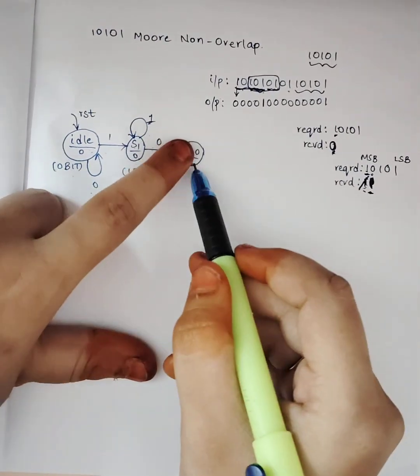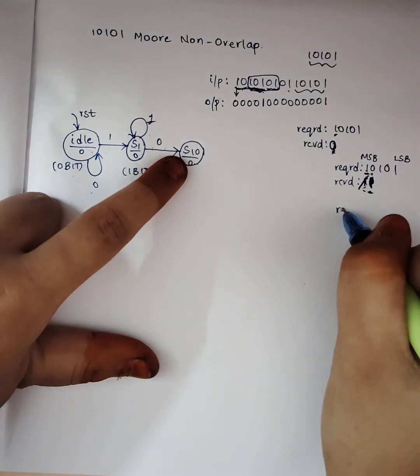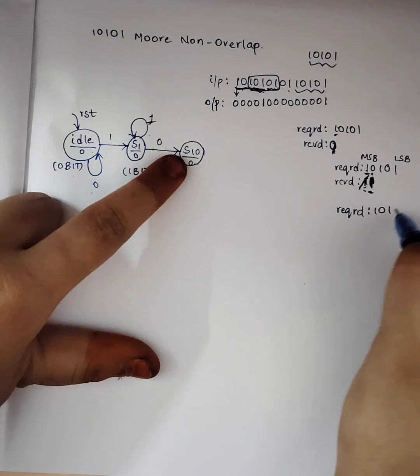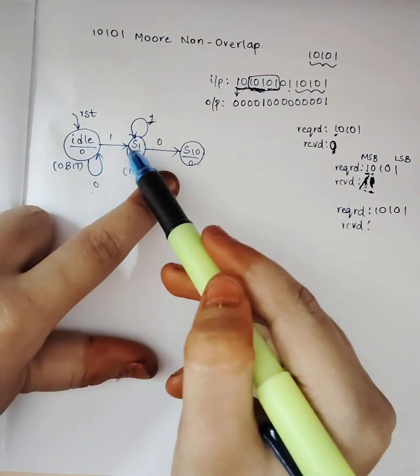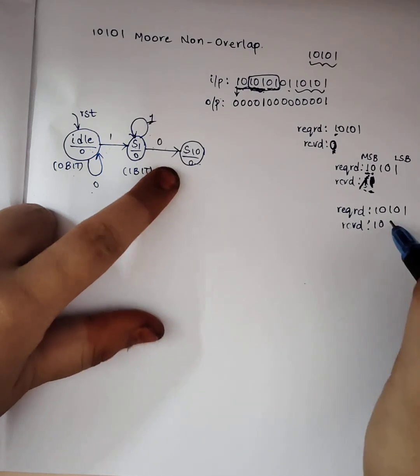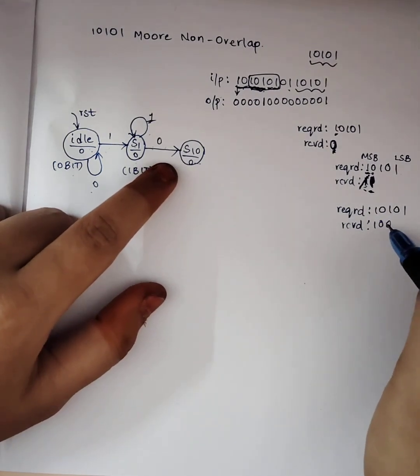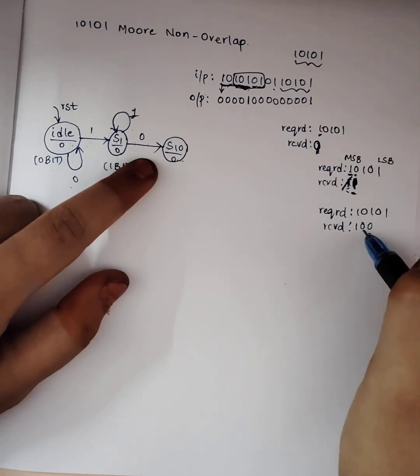Now we should come to this state. Required is 10101 and we are in this state, that is we already received 1 and 0. What if we receive 0 as the next input? 100.